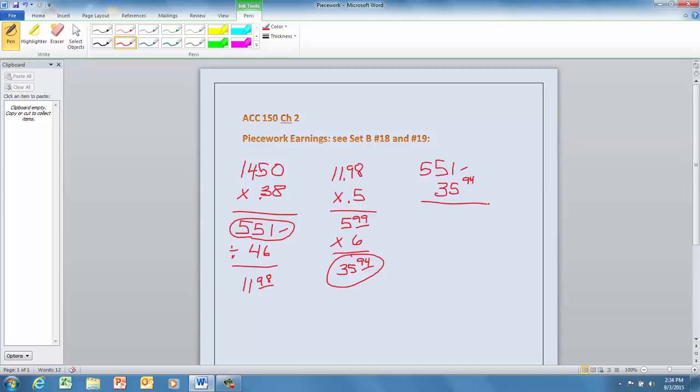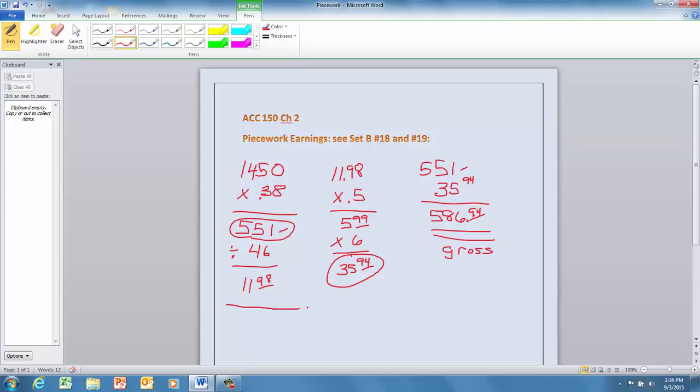And we get $586.94. And that would be the gross wages.